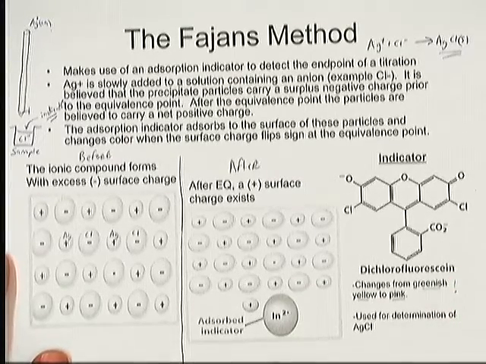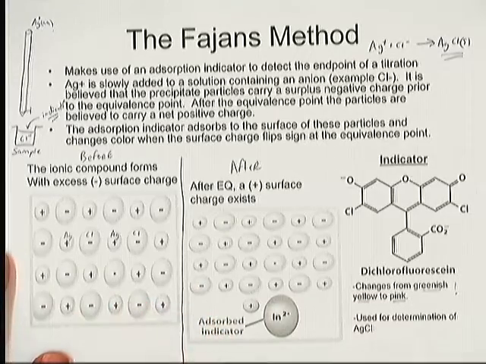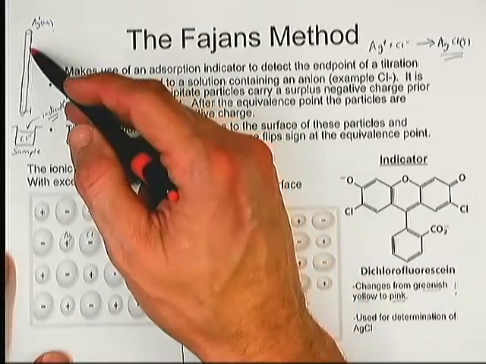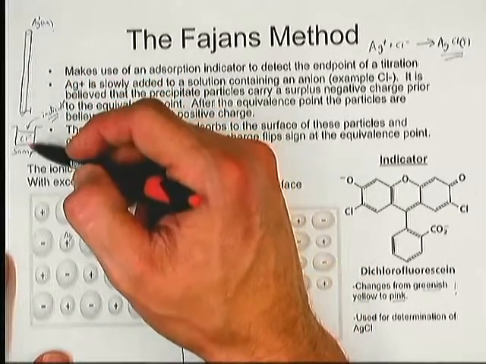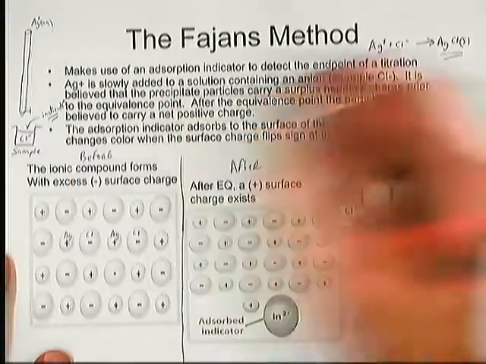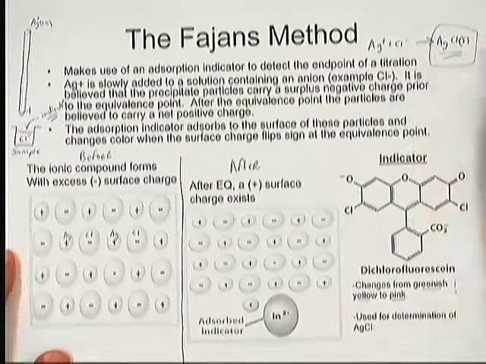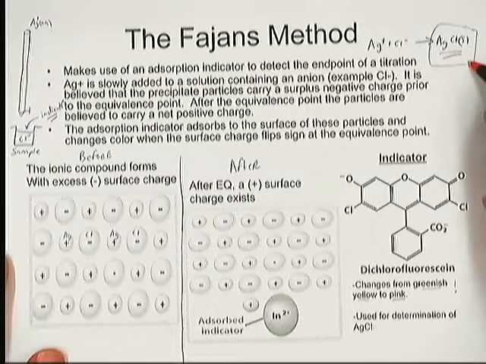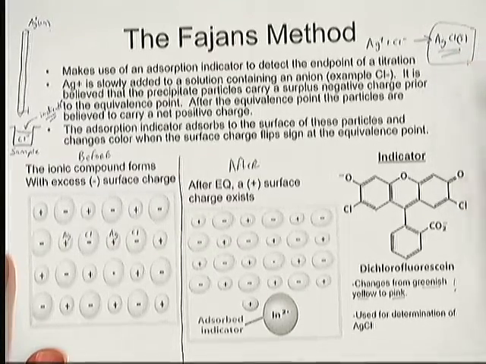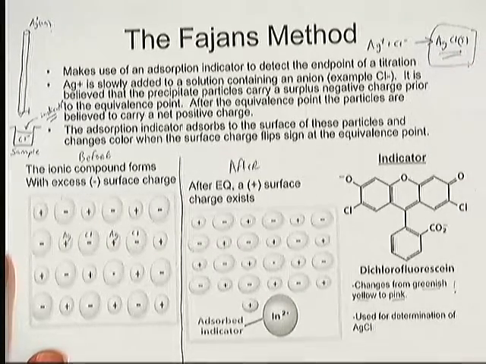So it's a little bit of a story, so let's go through it. Once I start adding my silver drop-wise into this beaker, silver chloride is going to start forming essentially immediately upon the first drop, because this stuff is not very soluble at all. So I'm going to start forming silver chloride solid.